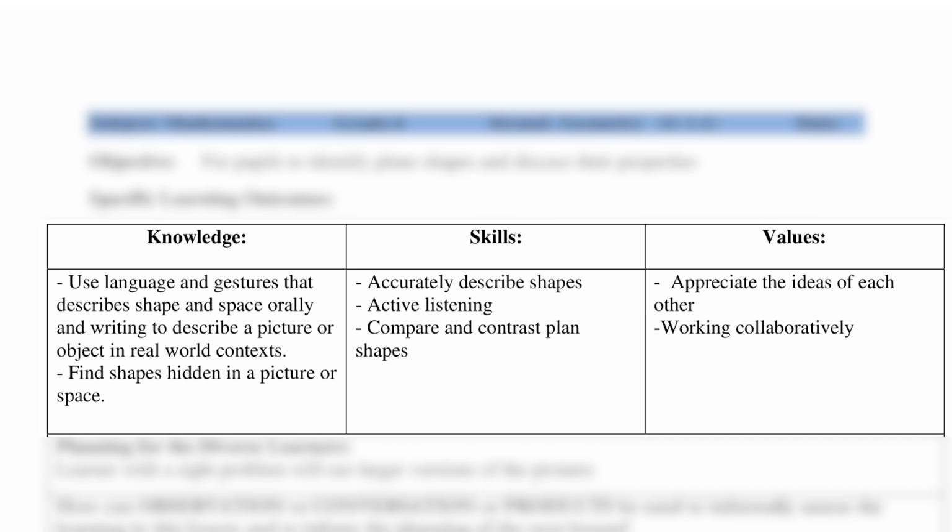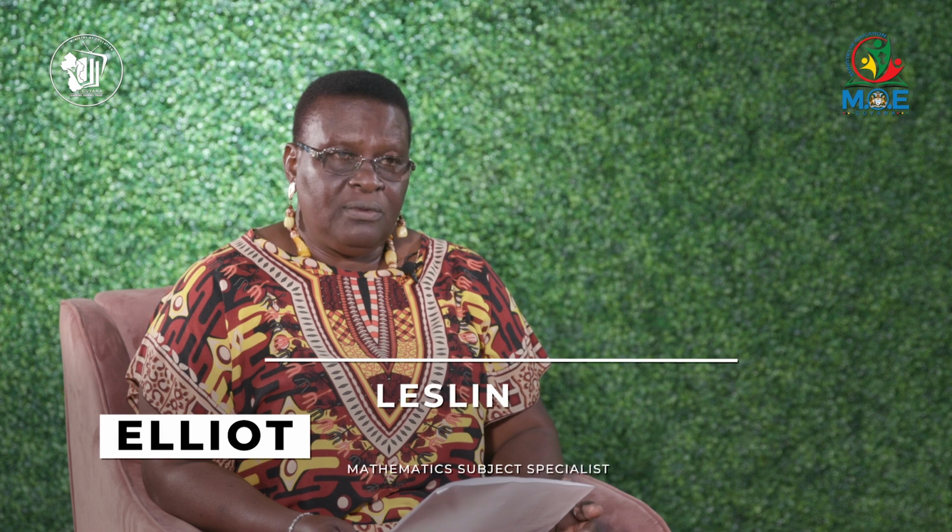I also want them, because this enhanced curriculum is big on promoting values, to also leave with some values. So I'm going to place some emphasis on 2 values for this lesson. I would want them to work collaboratively, as well as to appreciate each other's ideas. So that completes our section on specific learning outcomes.